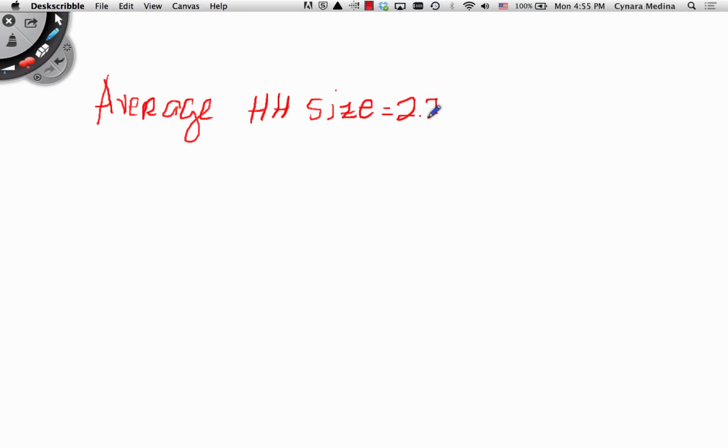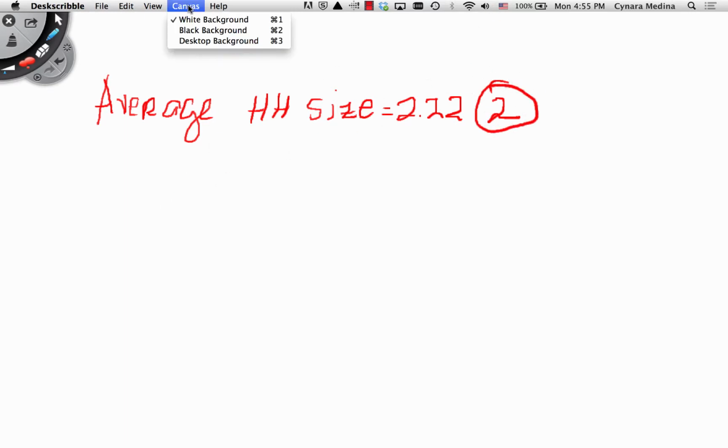So let's see, my average household size was 2.22. So let's say 2. And that's going to come in very handy later on.